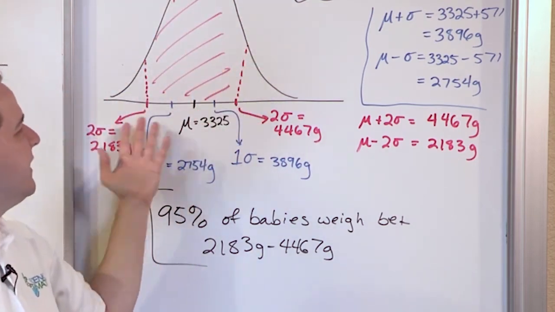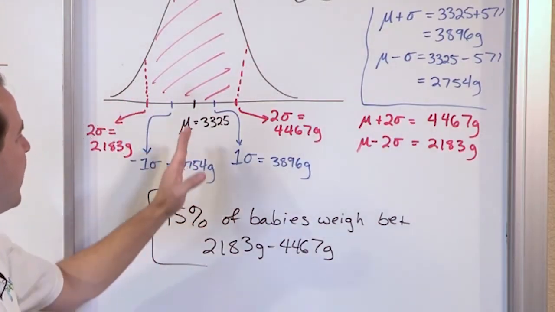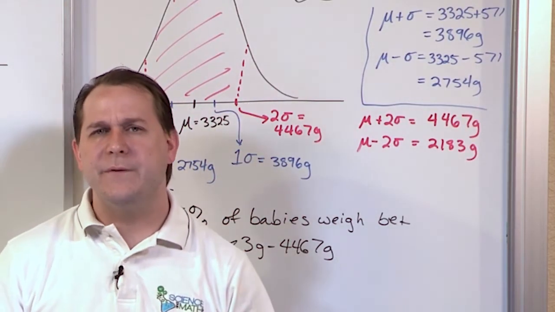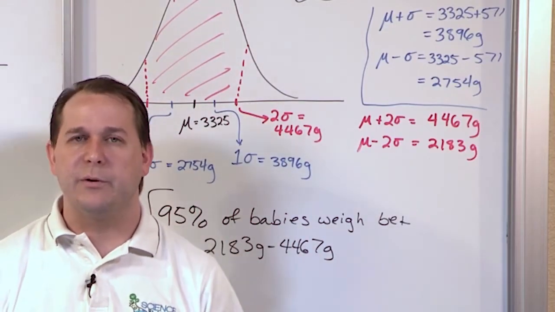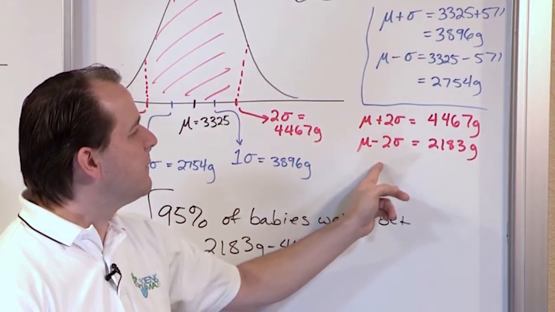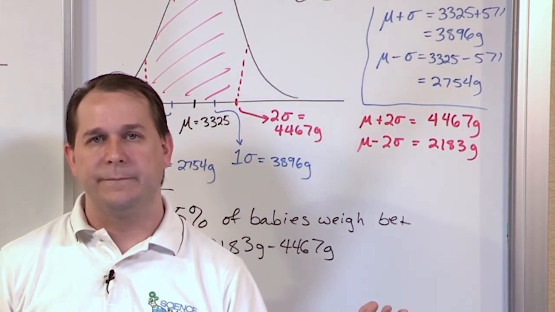The drawing I did here was mostly for your learning entertainment value, right? I mean, you have a mean, you have a 1 sigma, and you have a 2 sigma, and I'm trying to get you familiar with that idea, so I'm drawing pictures, but really, to do this problem, all you need to do is figure out that this is 2 sigma plus or minus the mean, and once you know that, you know it's 95%, you're done, circle the answer.